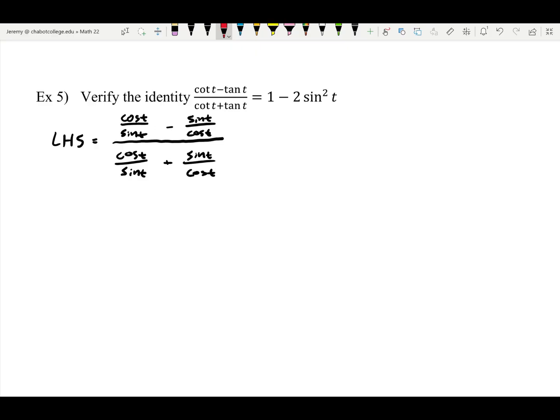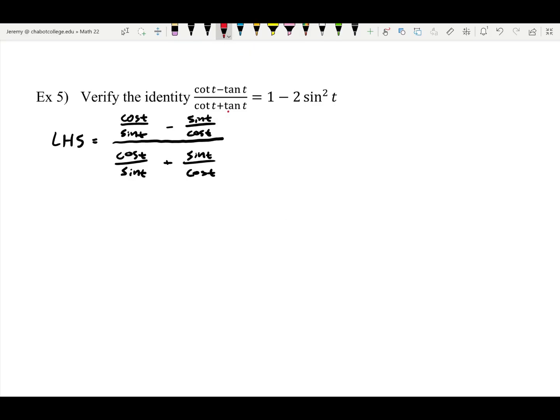Now, what would be a natural next step from here? Kind of the only thing that I could think of doing really is trying to add those fractions together in the numerator, and add those two fractions together in the denominator, in the big denominator that is. So if I'm going to add these two fractions together, I'll have to get common denominators, and it'll have to include a factor of sine of t and also a factor of cosine of t.